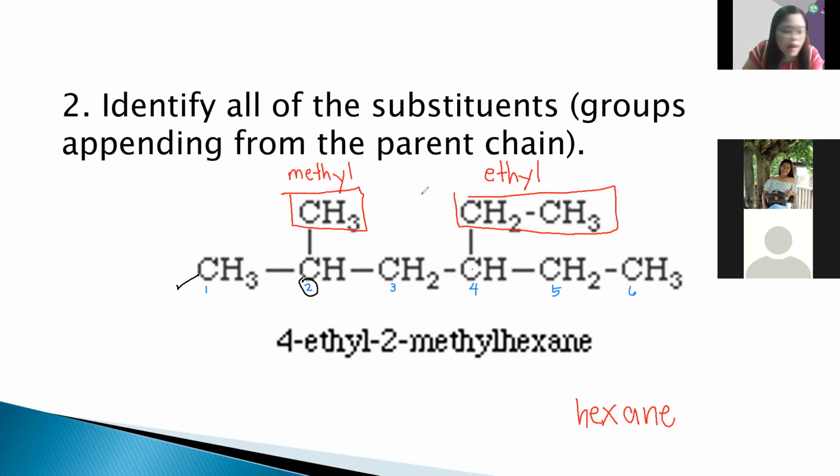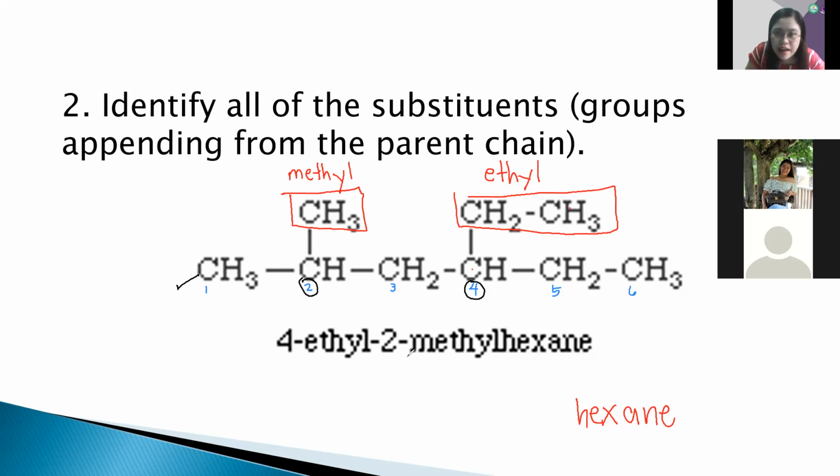Ano ngayon? Ating substituent on carbon number 2 and carbon number 4. Pero, ang pagsulat niyan, remember, alphabetical. So, it doesn't matter na si methyl nasa carbon number 2, hindi siya mauuna. Mauuna pa rin si ethyl, sorry.